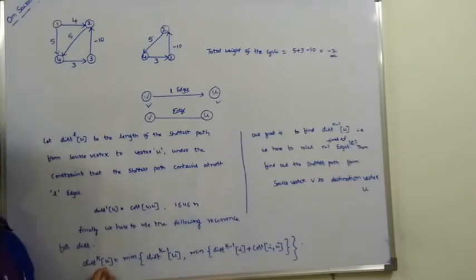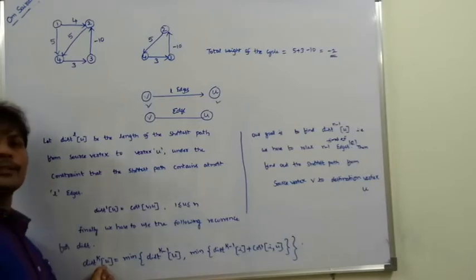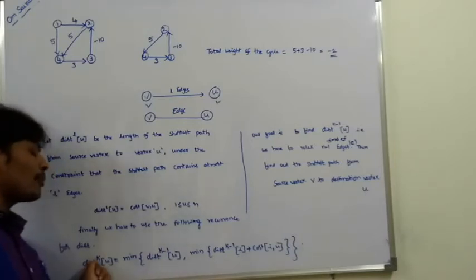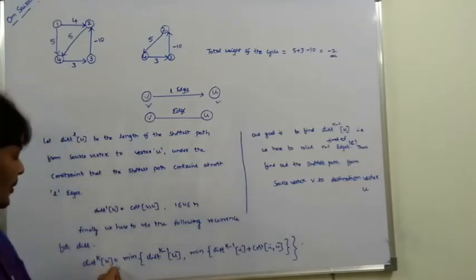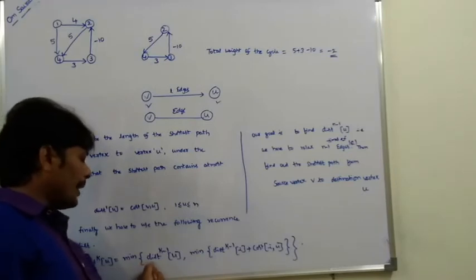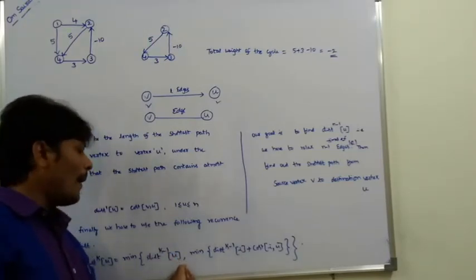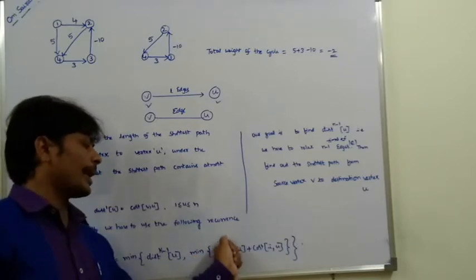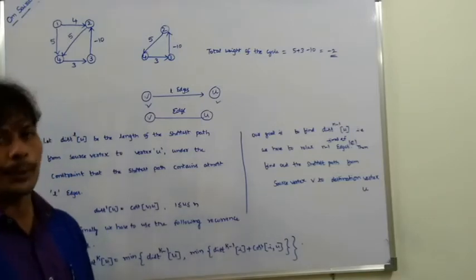We have to find the shortest path from the source vertex V to the destination vertex U. This shortest path contains at most K number of edges. So the minimum of dist K minus 1 of U, comma, minimum of dist K minus 1 of I plus cost of I, comma, U.